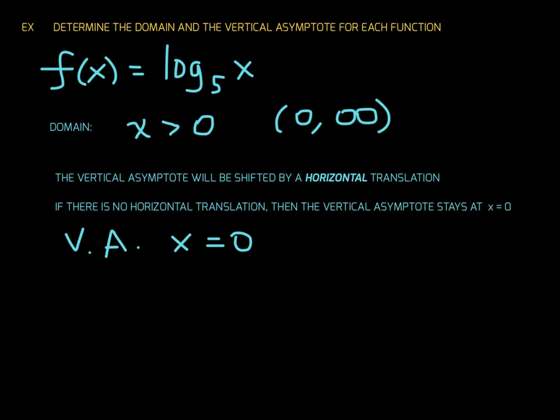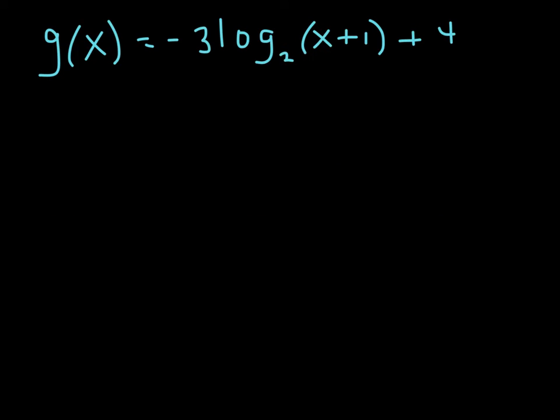All right, cool. Let's look at a brand new function. We have g(x) is equal to -3 times log base 2 of (x plus 1) plus 4. First things first, let's find its domain. For log functions, the entire argument, which in this case is x plus 1, must be positive.